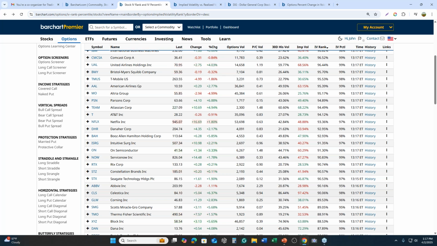Now, for instance, if I have a wide range and a low percent and rank, and my historical falls in the middle, then this represents cheap options. In other words, the market expectation for little or no movement over the life of an option.